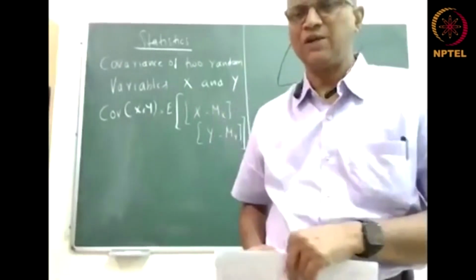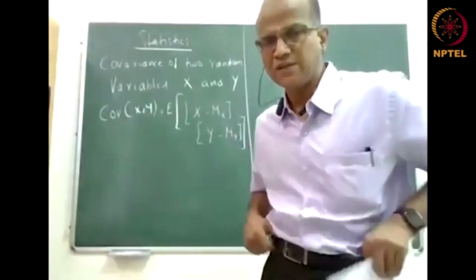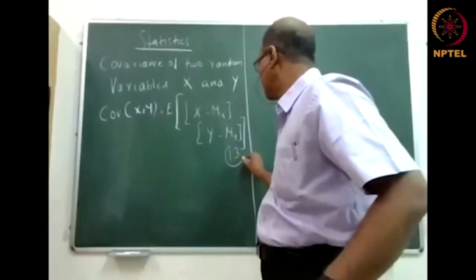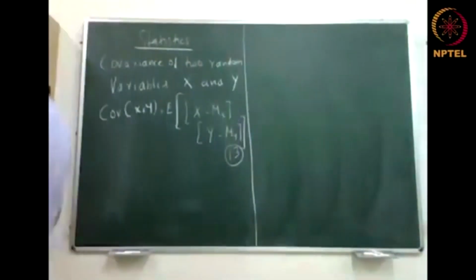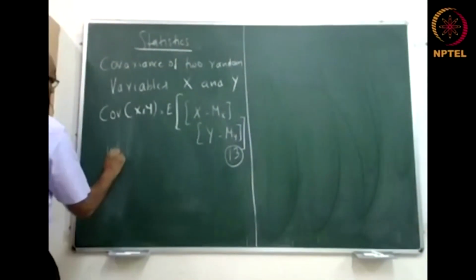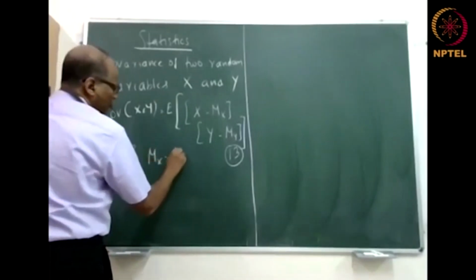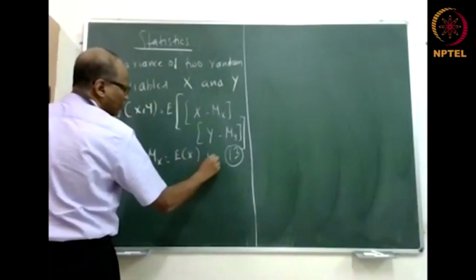Can you tell me what is the equation number? The previous equation, 13. This is 13. Okay. So where mu of x is the expectation of x.